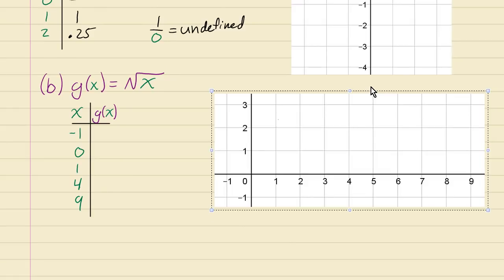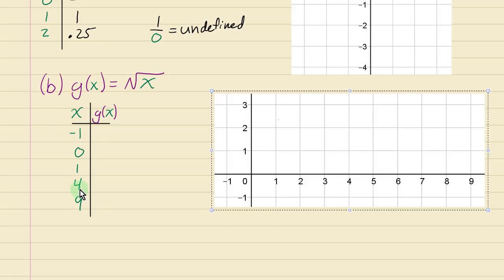Okay, here's the square root. By the way, I'm picking these values of x for you. If you were going to do this by hand, you could probably pick whichever values of x you want, and it would still work out. I'm picking values of x that I know will work out nicely.